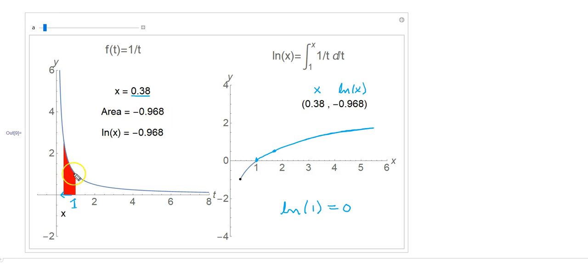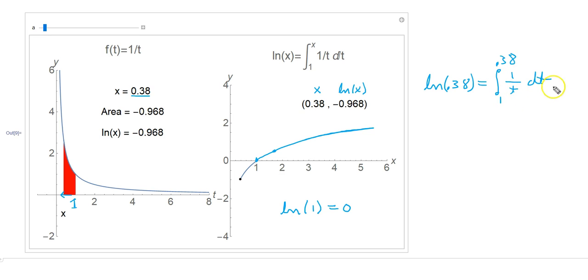Why do we have it labeled as a negative? Well, if you look back at the definition, the natural log of 0.38 is the definite integral from 1 to 0.38 of 1 over t dt.